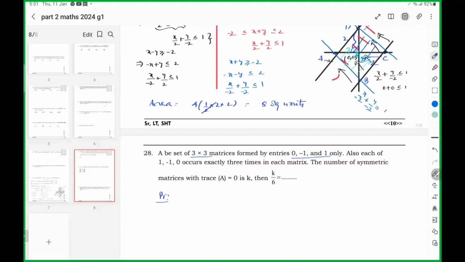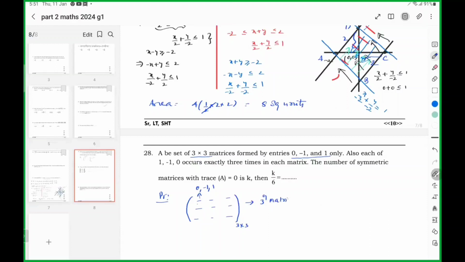Here, set of 3 by 3 matrices. So there are actually total we have 1, 2, 3, 4, 5, 6. 3 by 3 matrix means each place can be filled with 0, minus 1, 1, 3 ways.